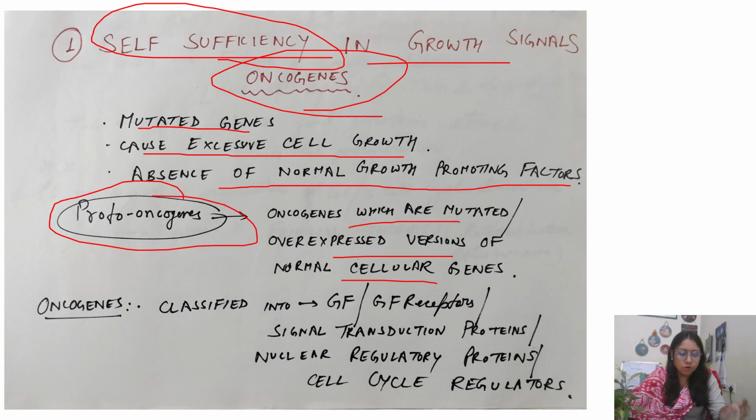So on basis of your gene product and factors that are dysregulated, oncogenes we can divide into these categories, that is growth factor receptor, signal transduction proteins, nuclear regulatory proteins and cell cycle regulators.